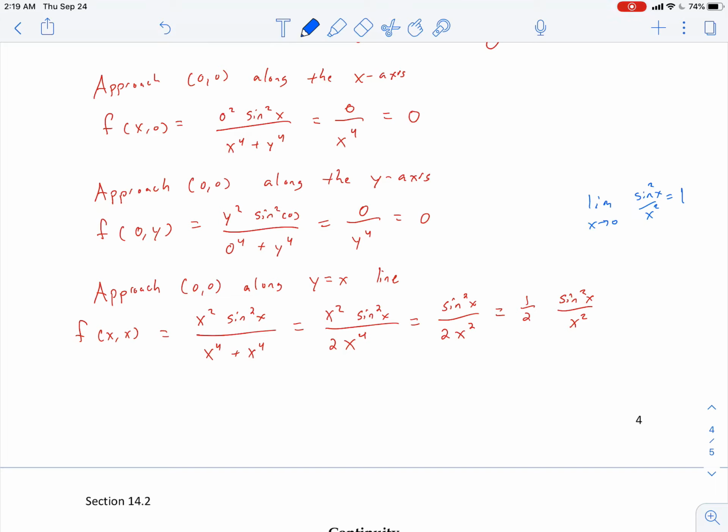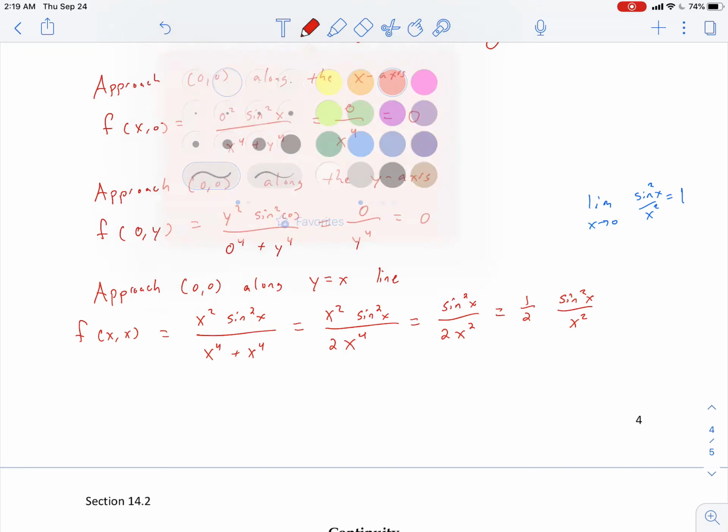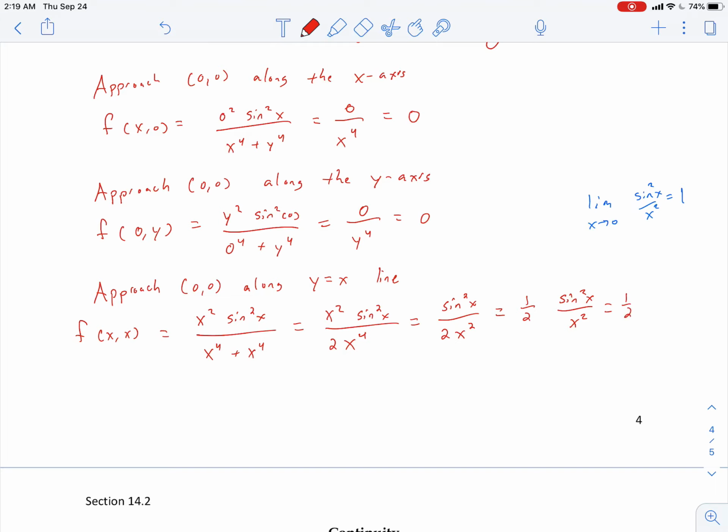So when we're doing sine squared x over x squared, we're still going to have 1 because this is sine of x over x times sine of x over x. So therefore, I have 1/2 times 1, which is 1/2. Now I have a different limit, and now I can say, oh, DNE, the limit does not exist.